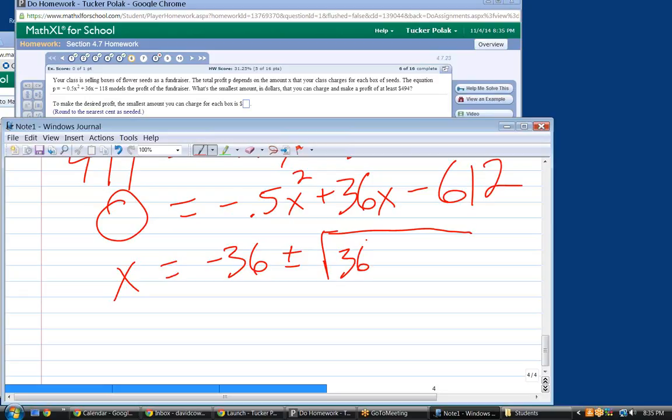So it's 36 squared minus 4 times a, which is minus 0.5, times c, which is minus 612, all over 2a, which is minus 1. You with me? See where I got everything?